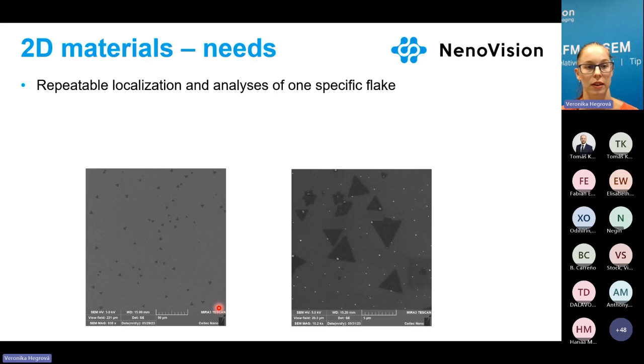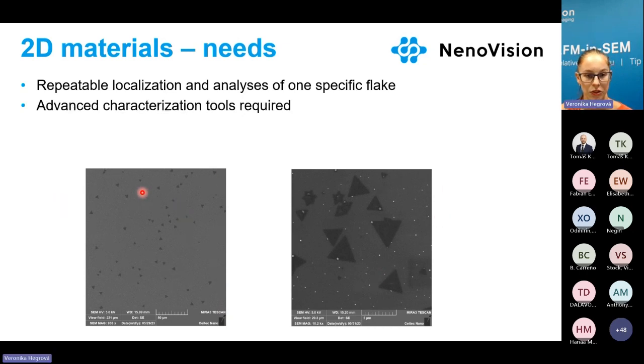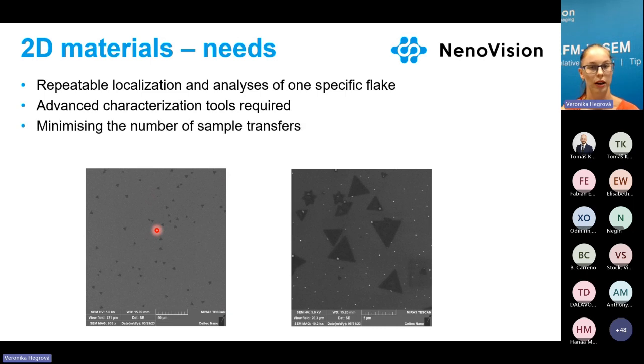What are the needs? Definitely repeatable localization and analysis of a specific flake, because the flakes are usually quite small. It's necessary that we are sure that we are measuring the same flake. Then advanced characterization tools are required, so we can combine the data together and have more modalities.